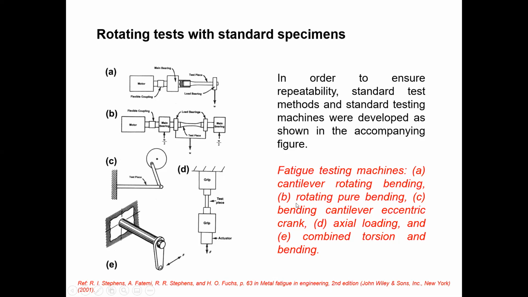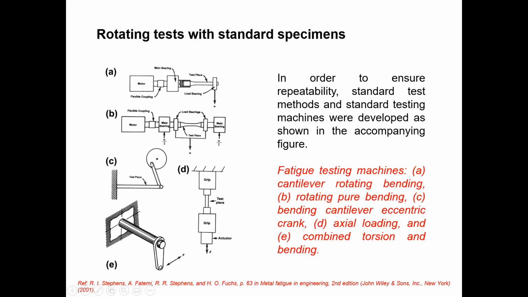That's why it's called fully reversed bending. Later on we will discuss this further. We will also name this mechanism after another scientist: rotating pure bending. And C is bending cantilever eccentric crank.